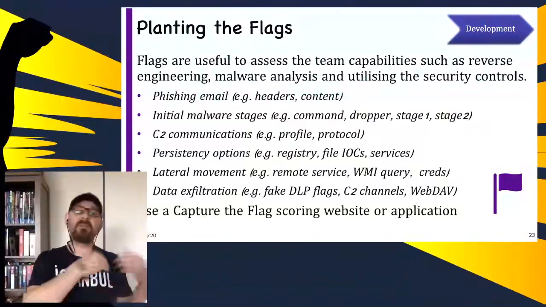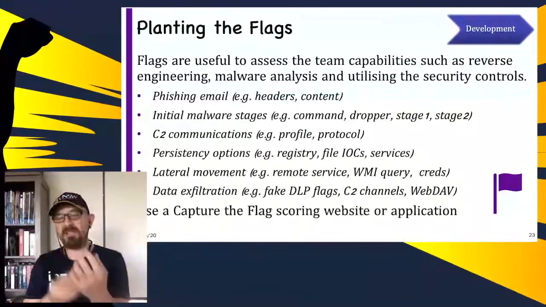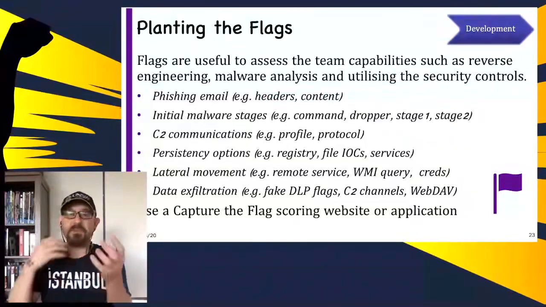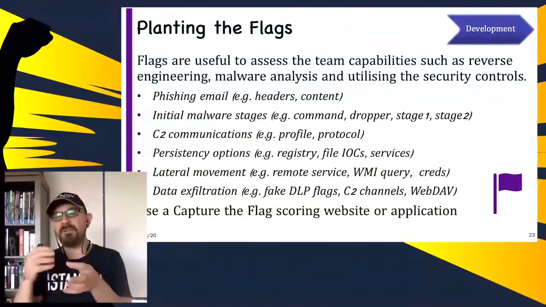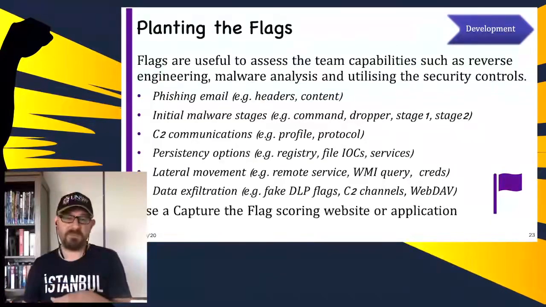So you can test PowerShell encoding and decoding capabilities, or .NET reverse engineering capabilities, or native shellcode or binary reverse engineering capabilities. You can flag everything which would be useful for your individual capability assessment.